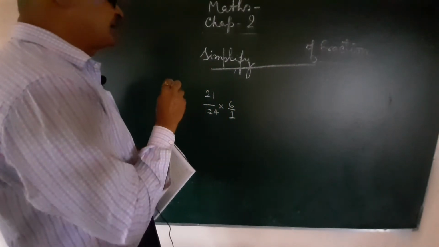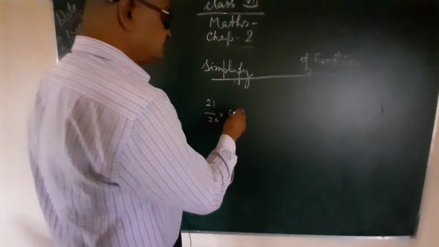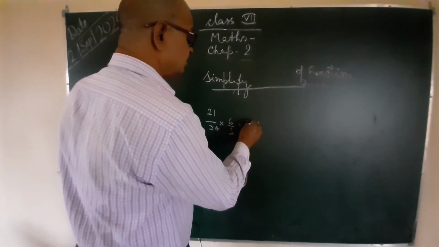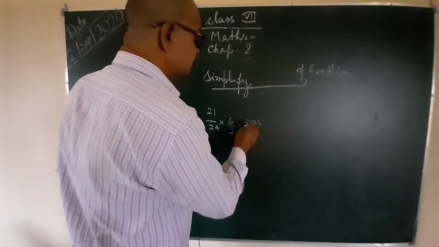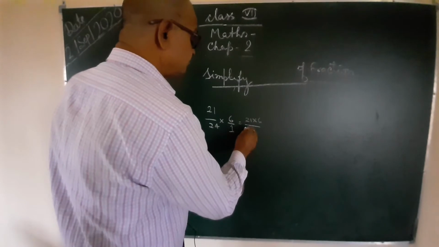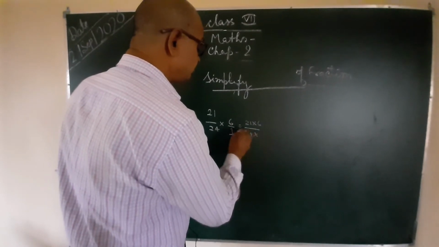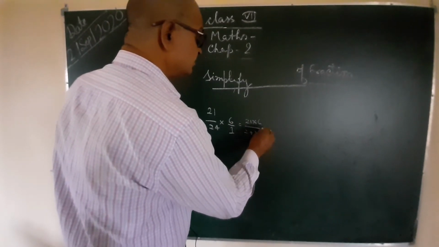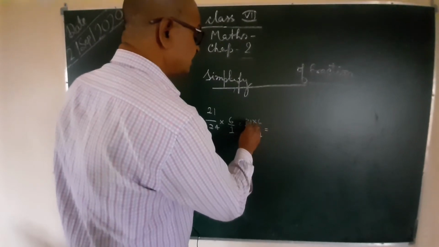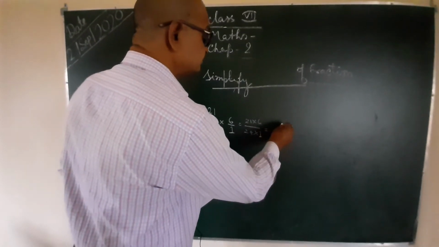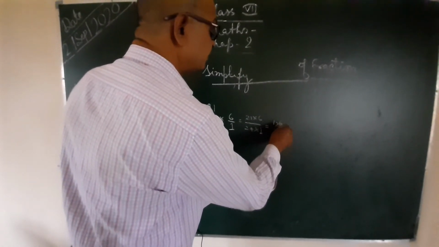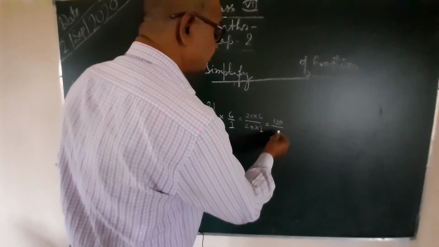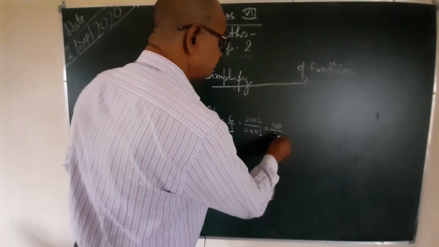Then we multiply 21 into 6 upon 24 into 1. That is 21 into 6, 126, and 24 into 1, 24.